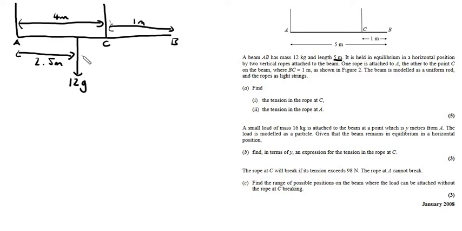And this distance here is going to be 4 minus 2.5, 1.5 meters. We're asked to find the tension in the rope at C.